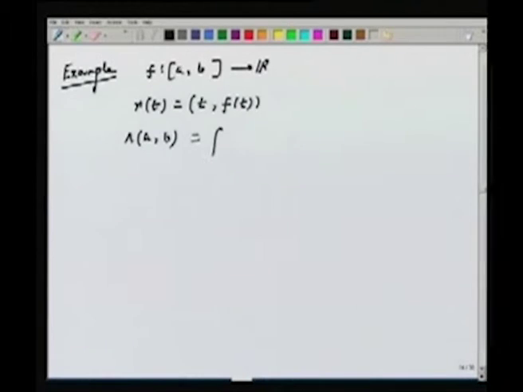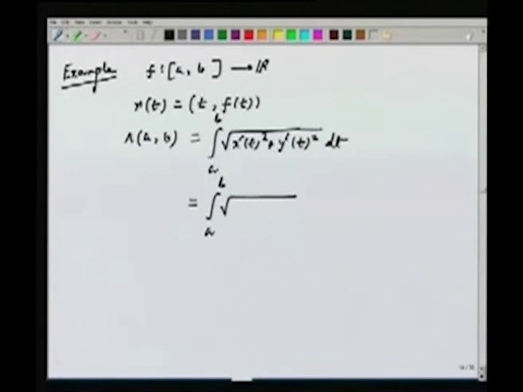This is the integral from a to b of the square root of x prime t square plus y prime t square dt, which is the integral from a to b.